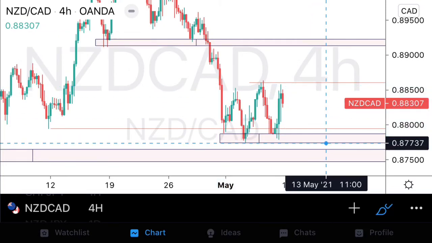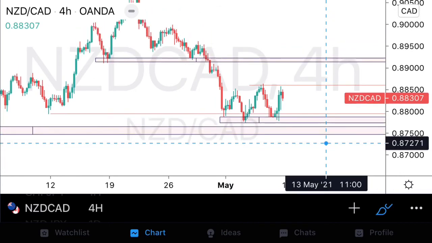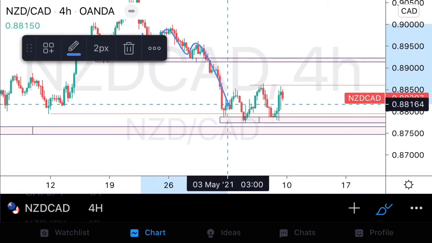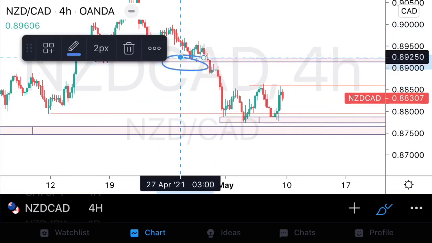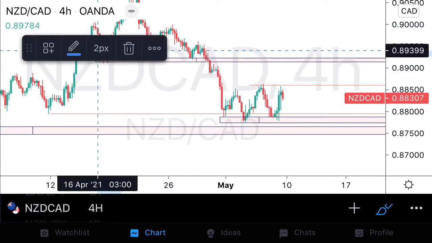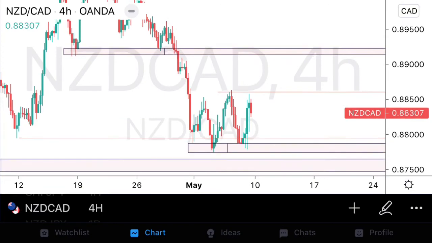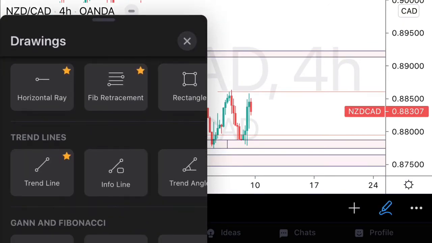So we do know that our selling probabilities, if we look at the previous support structure that was broken in this potential downtrend, we do know that these are our next resistance areas. We can see that they were tested again there in the past. So quite an important resistance area to want to look for those selling probabilities to actually come into play.